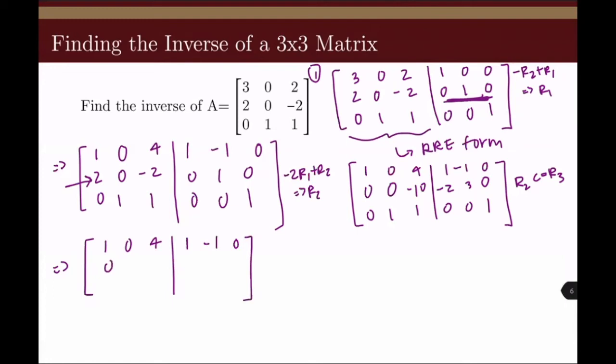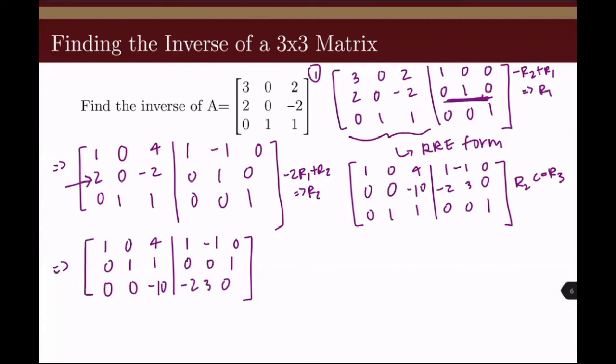Oops. I'm sorry, I'm wrong. So you have 0, 1, 1, 0, 0, 1, so I'm switching that whole row 3, and then negative 2, 3, 0 on the bottom.